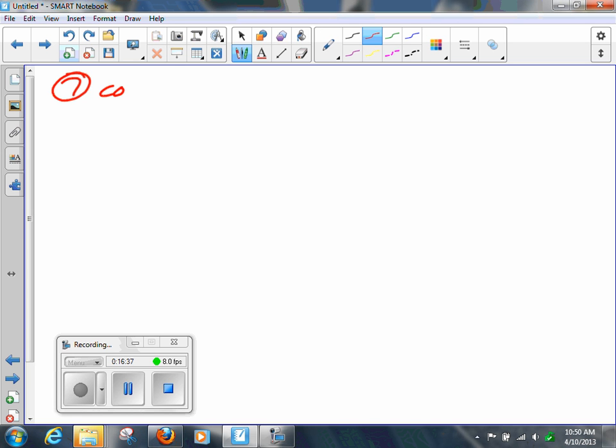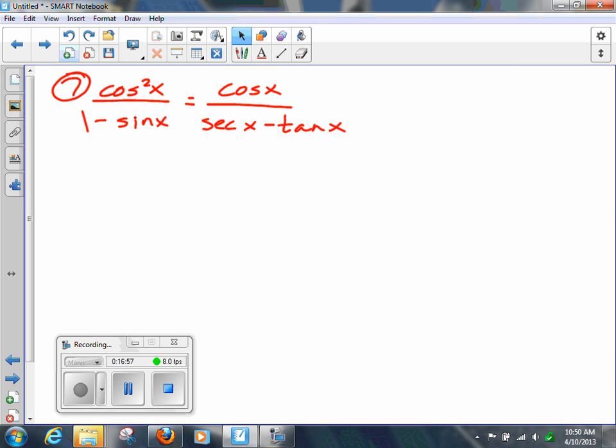Let's see, cosine squared over 1 minus sine x equals cosine x over secant x minus tangent x. All right, are we cool? Whoo, we got some stuff going on here. Now, this is just the way I approach this problem. Immediately I'm looking at it and going, oh my Lord.